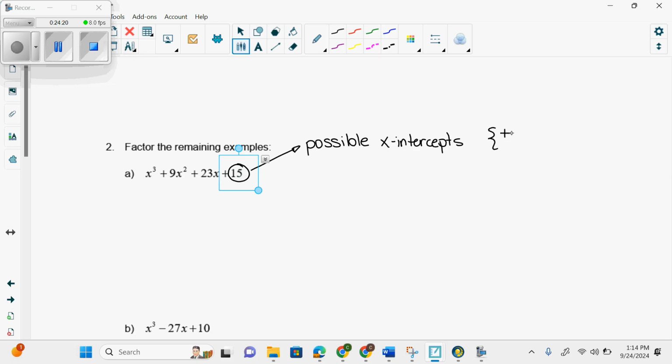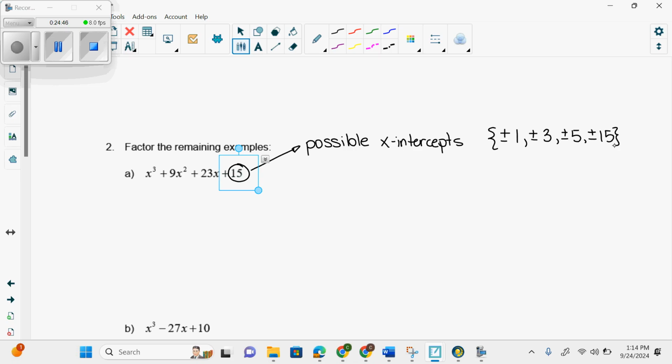The factors of 15, so plus or minus 1, plus or minus 3, plus or minus 5, plus or minus 15. Those numbers, you would plug into your remainder theorem and see which one gets you a remainder of 0.